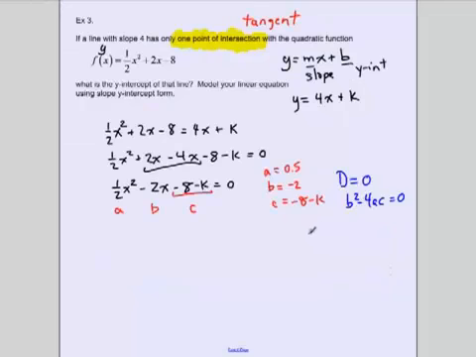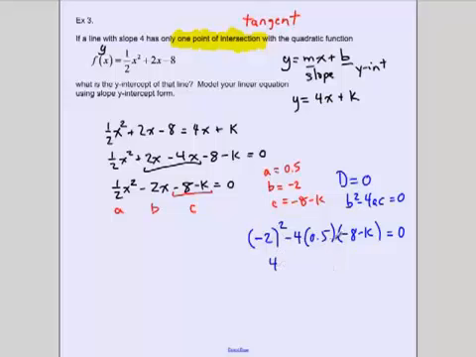So b squared minus 4ac, b is negative 2, so we're going to have negative 2 all squared minus 4 times a, which is half, times c, which is negative 8 minus k. I have to do a little bit of algebra here. We know all this equals 0. Negative 2 squared, that's 4.